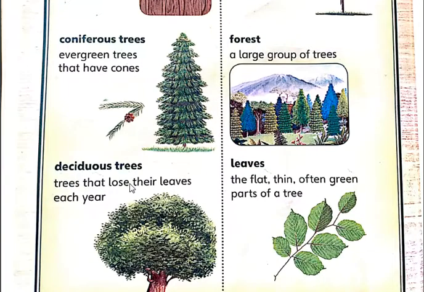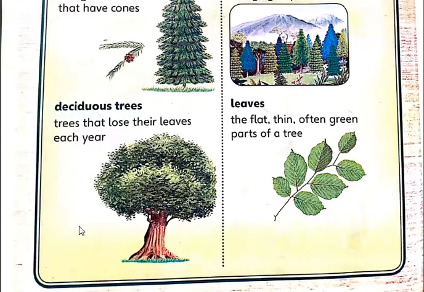Number 3 should be another word with C, or if we don't have, it's going to be words with the letter D, because in the alphabetical order we have A, then B, then C, then D. So deciduous trees. I think they are unlike the coniferous trees. Deciduous trees are trees that lose their leaves each year, maybe in fall, autumn.